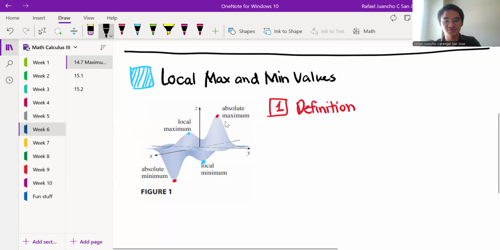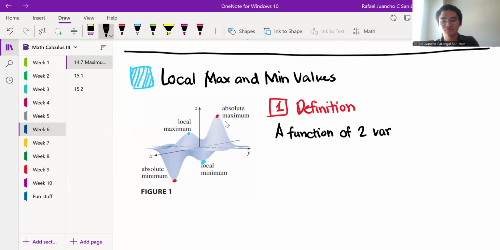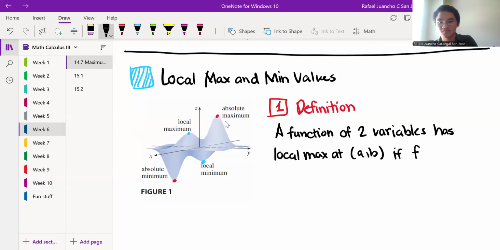For my definition here, we have a function of two variables, f(x,y), and we're saying it has a local maximum at some point (a,b) if my function is less than or equal to that output.